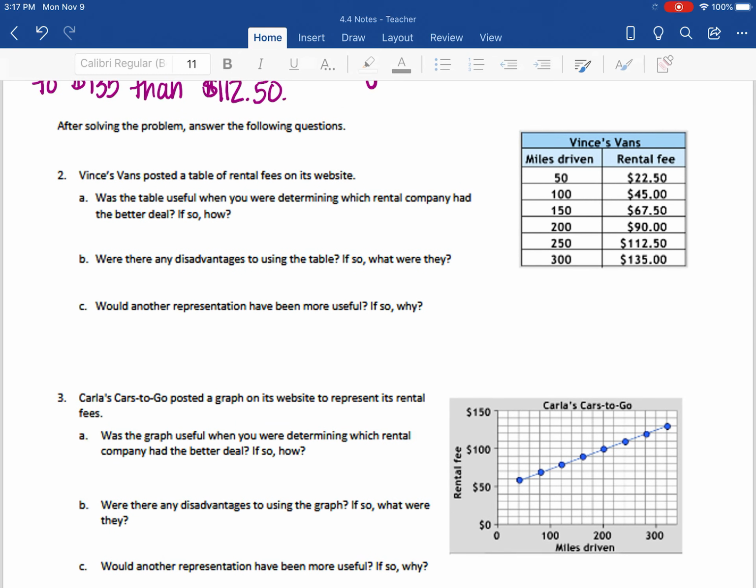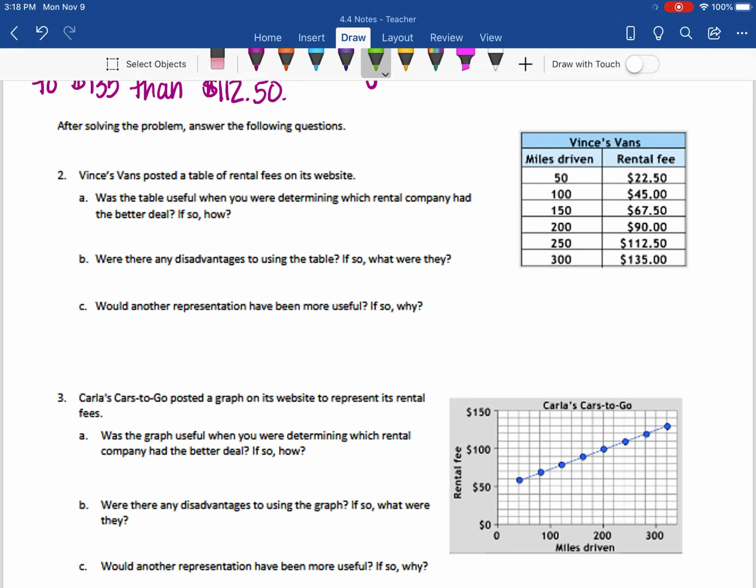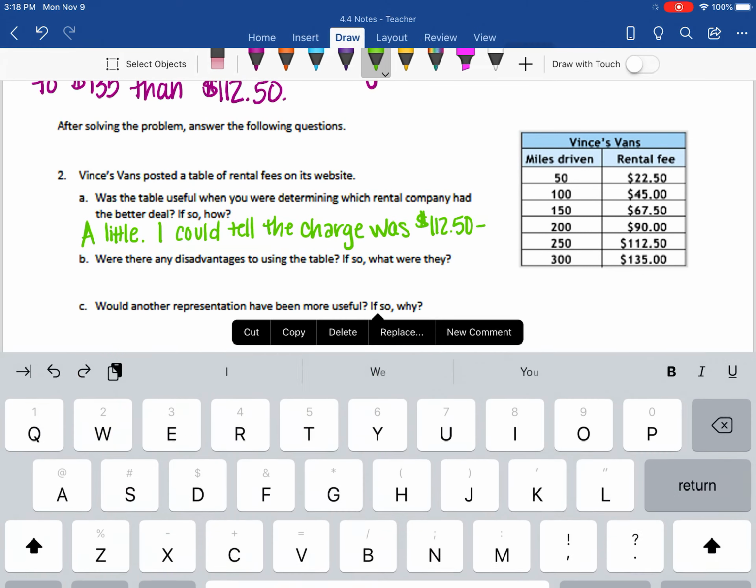Okay, so was the table useful when you were determining which rental company had the better deal? So do we think that was useful? I mean, kind of. So I'm going to say a little. I could tell the charge would be between $112.50 and $135.